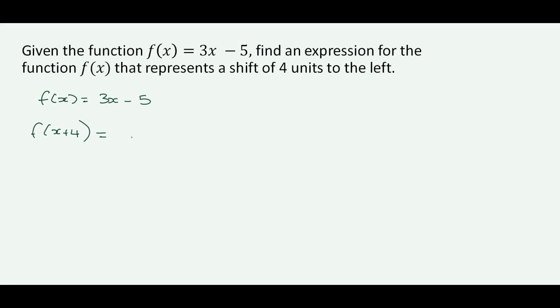So we're going to have 3 times x plus 4, minus 5. This is going to be 3x plus 12 minus 5. So we're going to have 3x plus 7. This is going to be our new f of x.